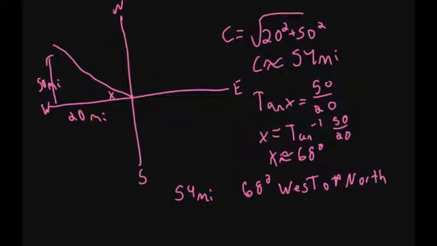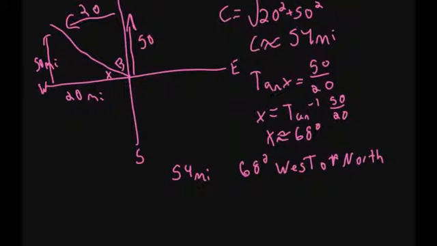If you wanted to do north of west, which is how we normally do it, we would have gone this way. We'll call this B, and we would have had to find B. So we would have done 50 here and 20 there. You'll see that this works out just slightly different. So let's change our colors.